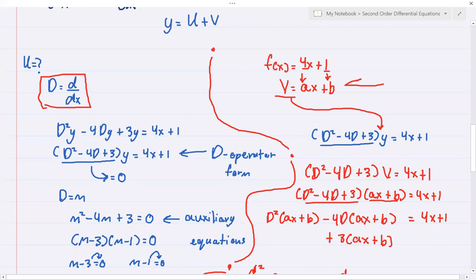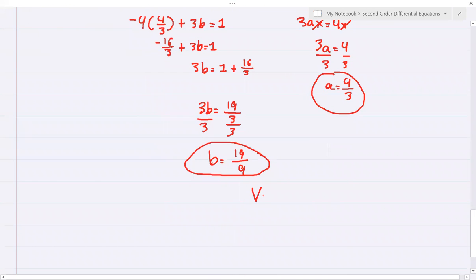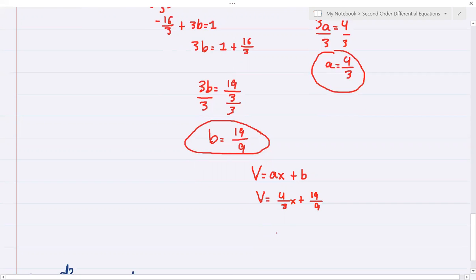Since v is equal to ax plus b, therefore you have v is equal to 4 thirds x plus 19 over 9. That's your v.